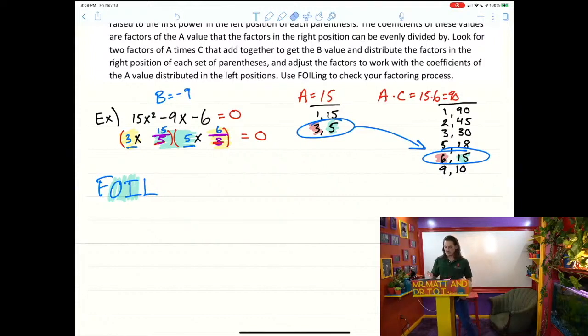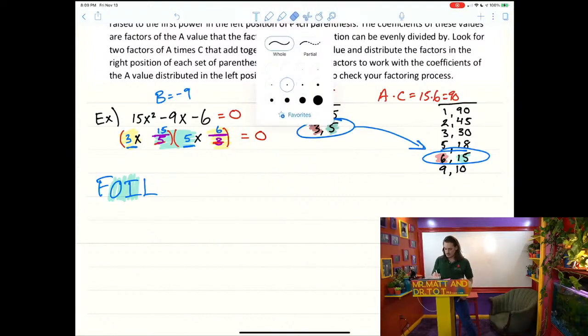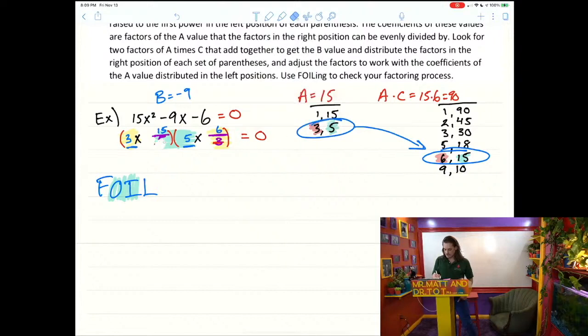So 15, and let me back some of this out so it's not as messy. 15 is going to be multiplied by 5, that coefficient of 5. So I'm going to reduce 15 by a factor of 5. So then it works out to the same B value that I originally intended.